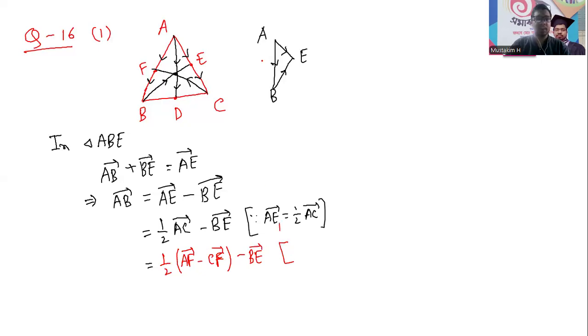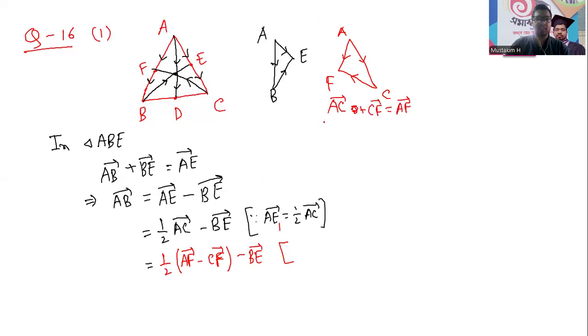AC minus CF. How? AC, AF, CF. A, C, F. So this is AC vector plus CF vector equal to AF vector.